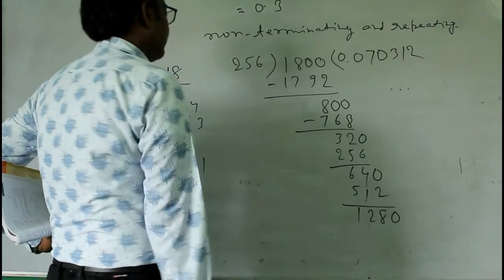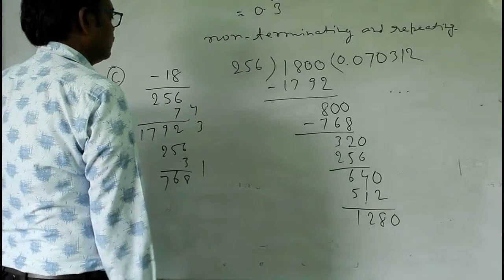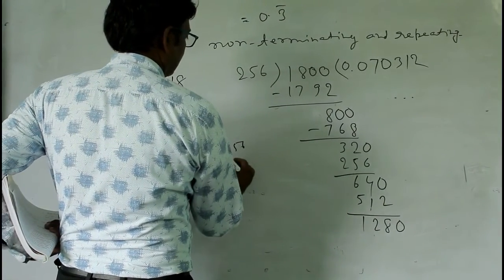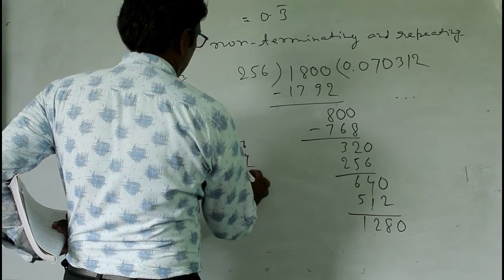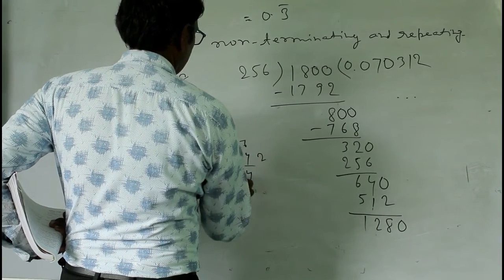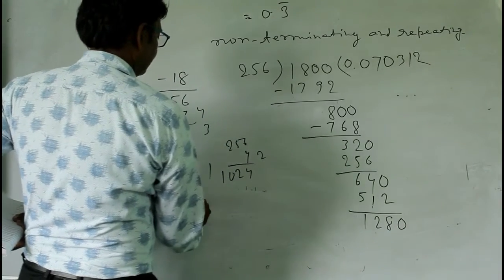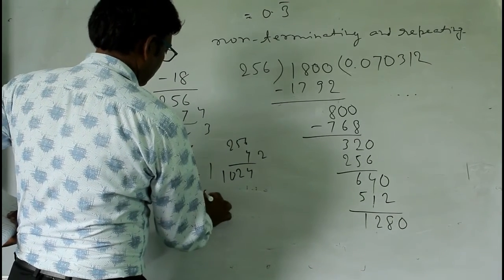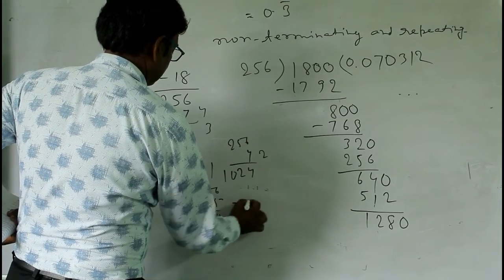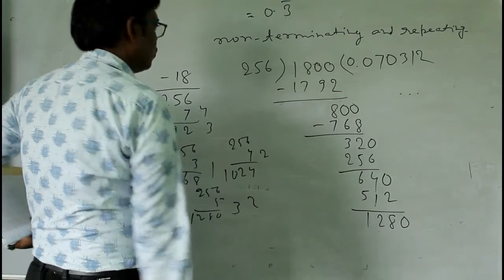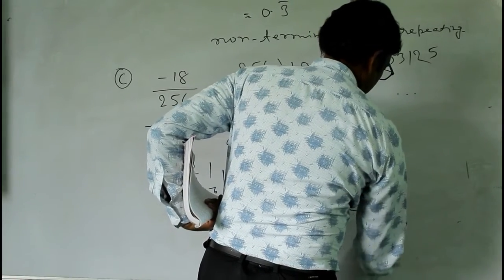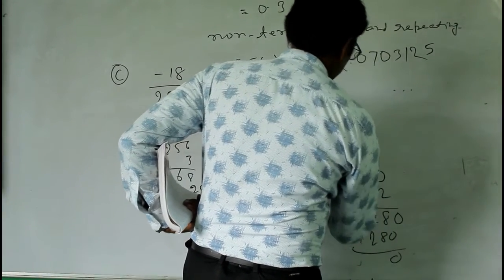Then it will go by 5 also. Yes, it will go by 5. So write here 5, then it is 1, 2, 8, 0 and then here 0.